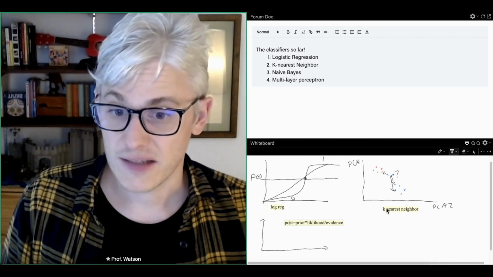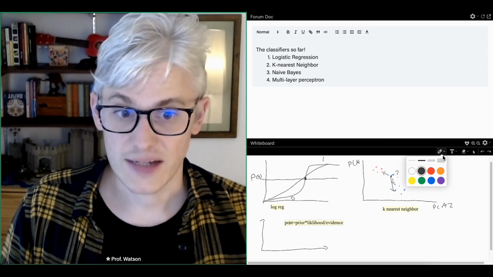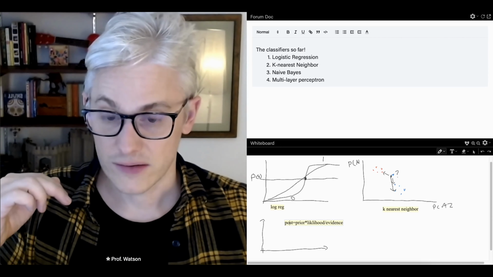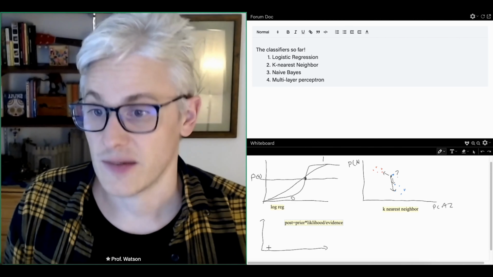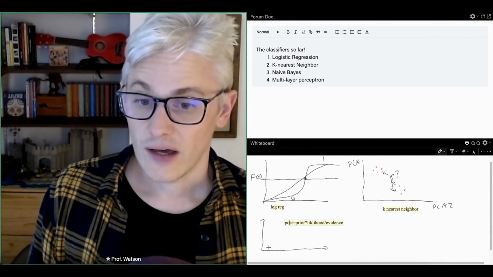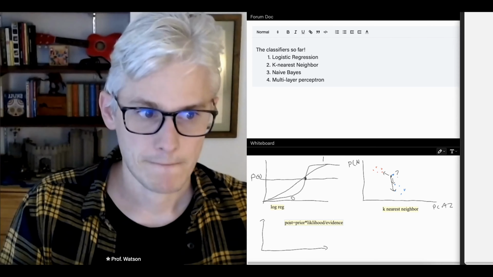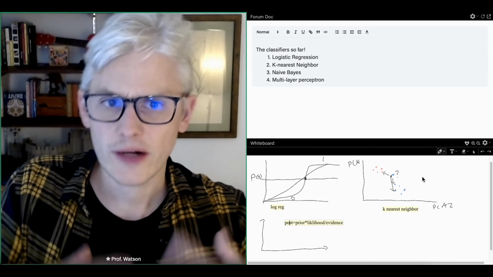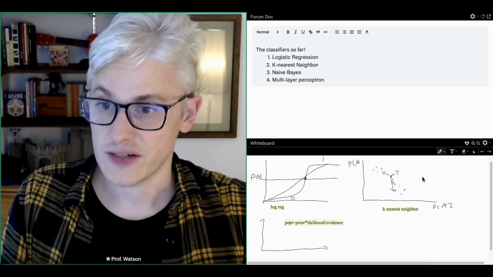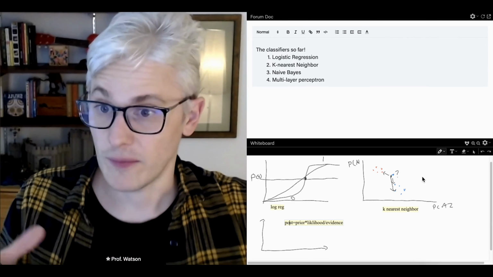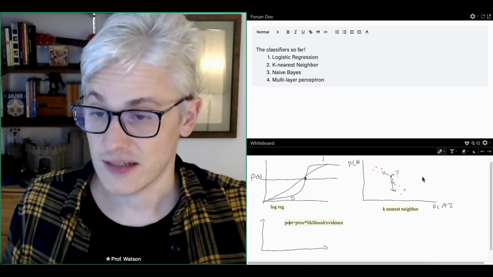What the naive Bayes classifier does is it attempts to estimate the probability. It is a maximum likelihood estimator, like logistic regression. So it's trying to find the set of parameters that maximize the likelihood of the model of the data, given the evidence that you have.